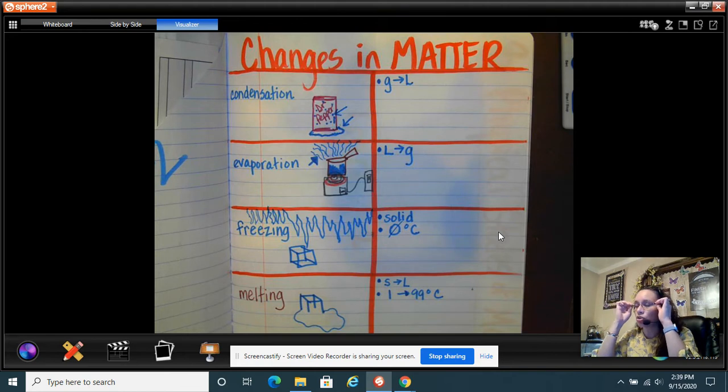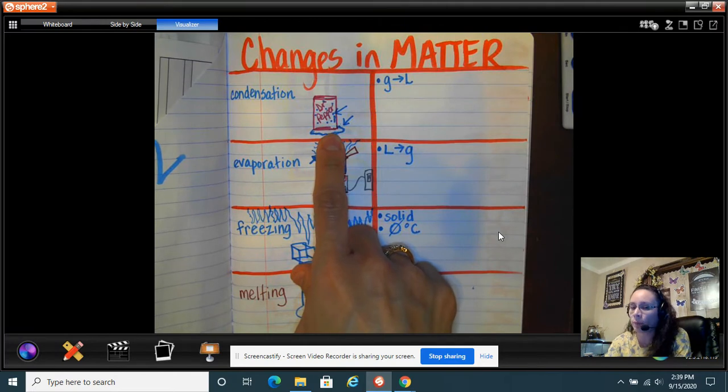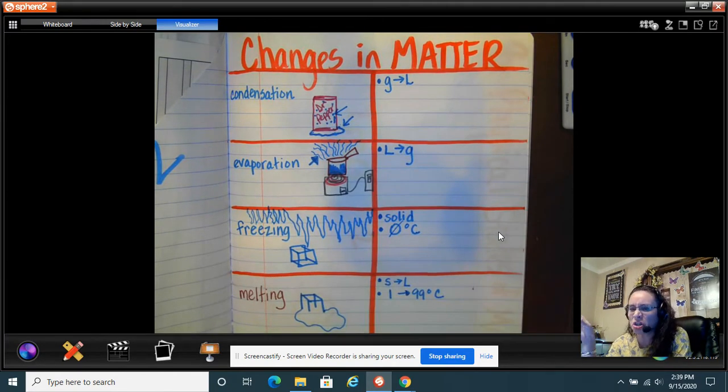That's condensation due to temperature changes, my hot breath on my cool glasses produces condensation. Just like you take a really nice cold Dr Pepper out of the refrigerator and then you set it on your table and it starts to sweat, that's condensation.